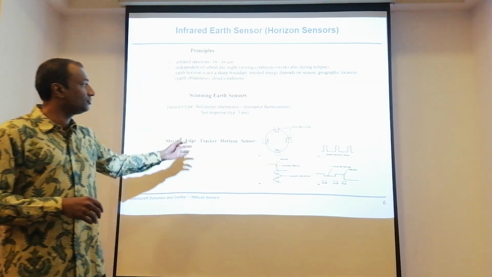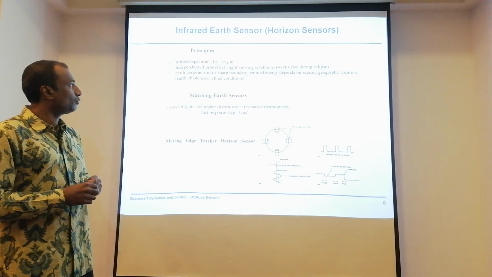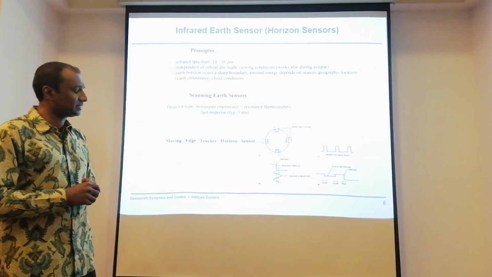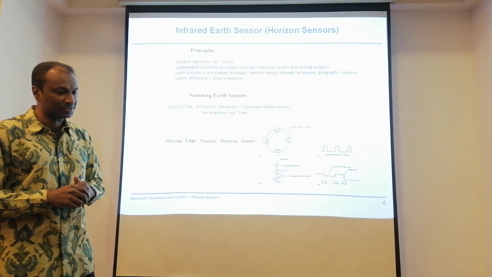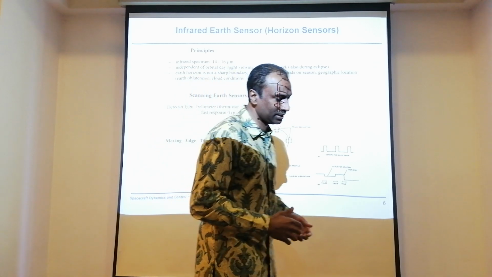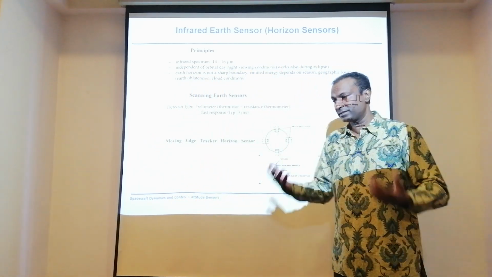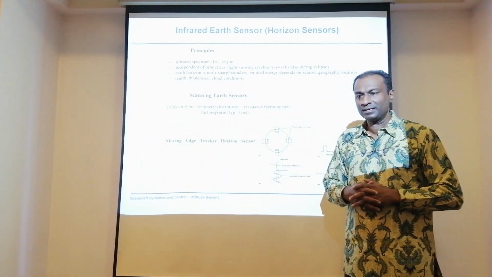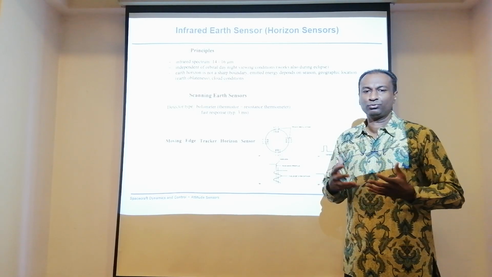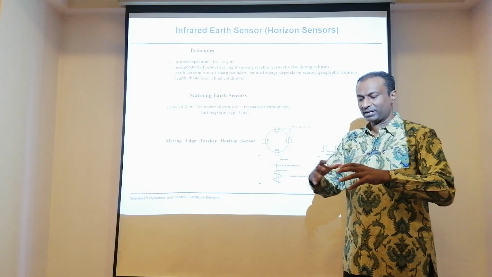The principle of working is just like a thermistor, which senses heat, so to say. Infrared, you can also detect at night. So when you have this particular sensor, you should be able to look exactly at the horizon.